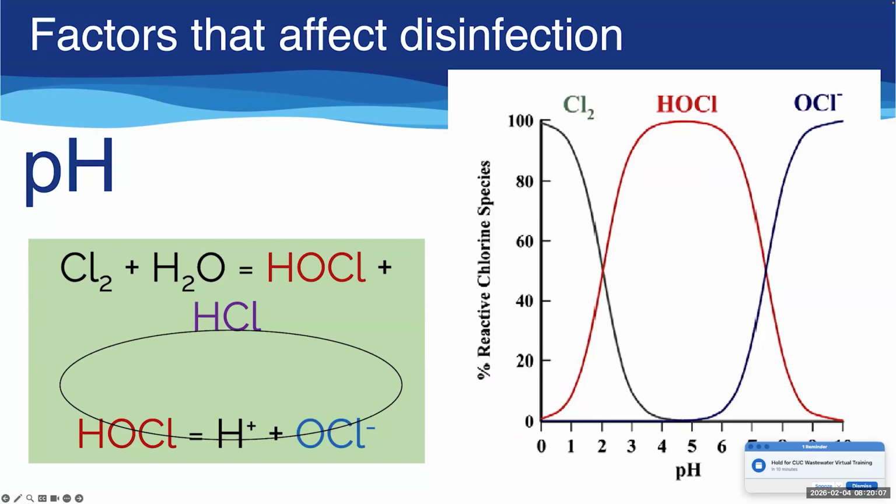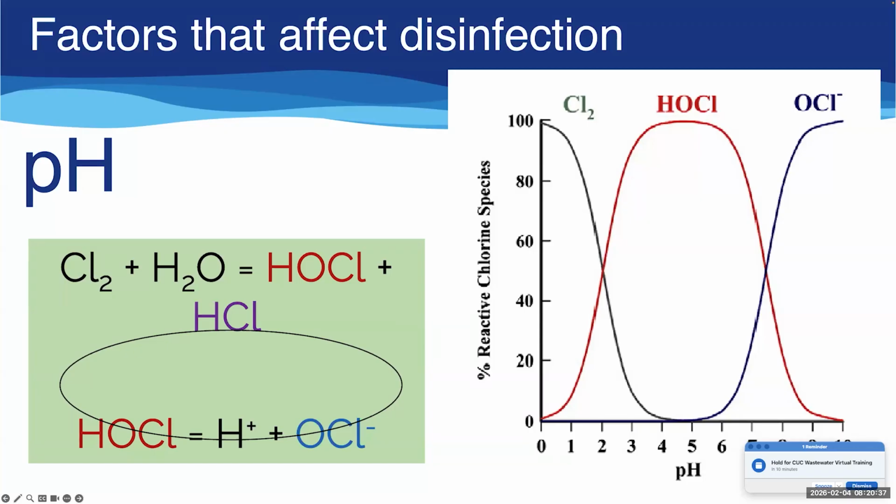But if you get over a pH of about 7.5, you start getting the hypochlorite ions, the OCl negative, which don't do as good of a job, which is why in many wastewater treatment facilities, we have pH controls to make sure that the effluent that we're treating stays in a pH range where we can basically do the most amount of disinfection with the least amount of chlorine.